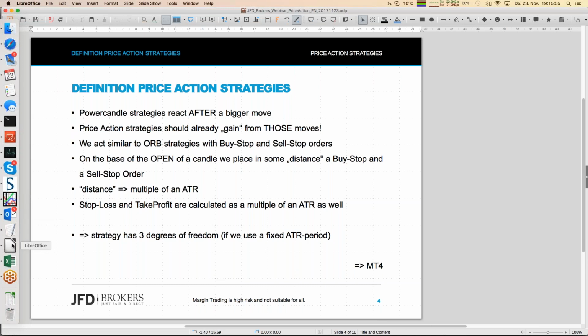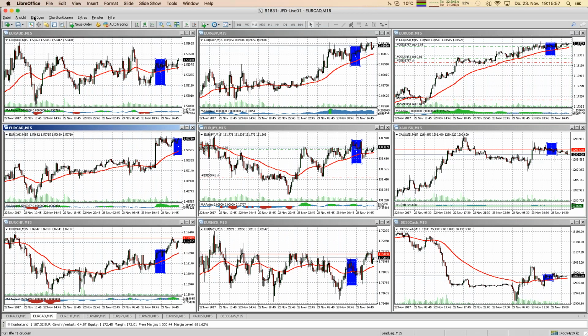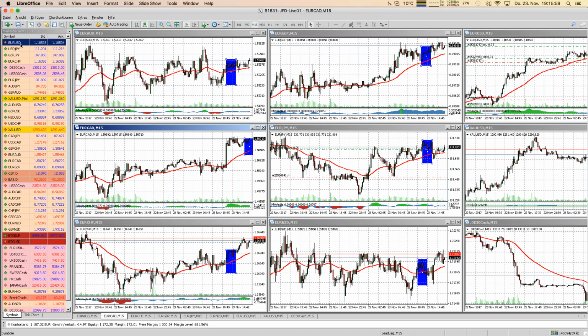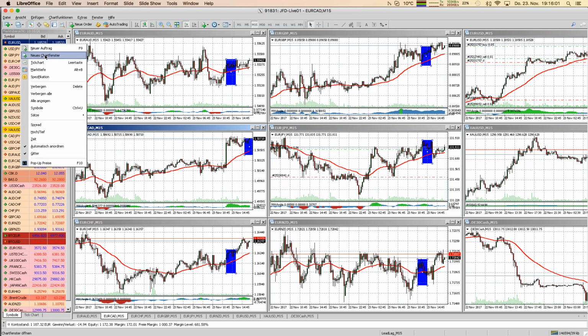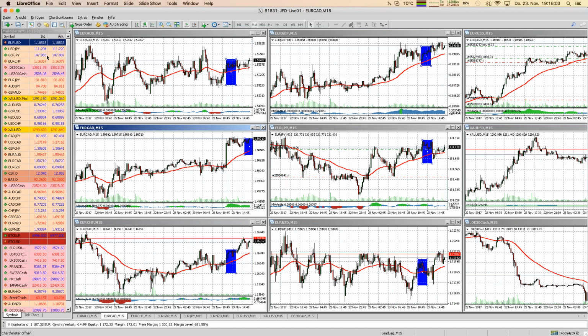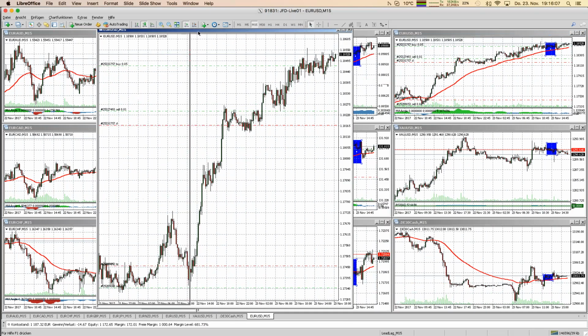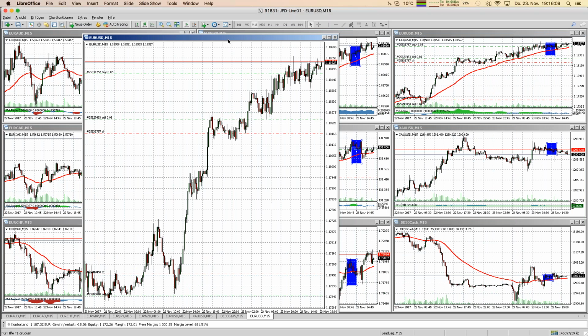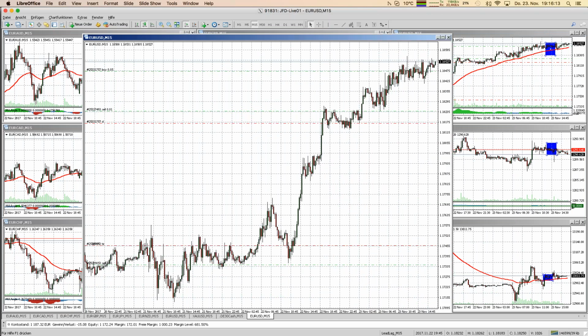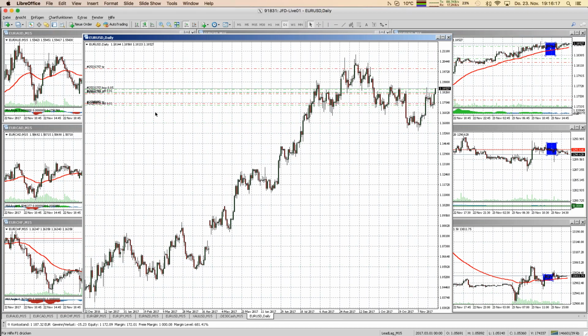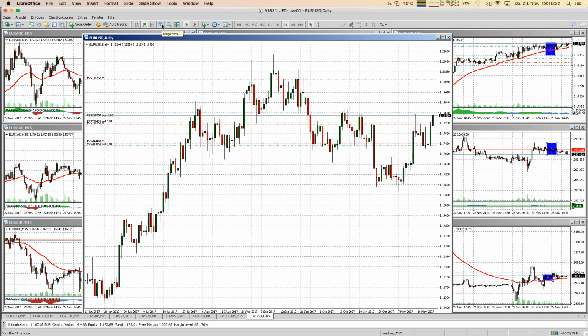In practice, it would look like the following. Let's open a new chart so that we have one fresh chart without that much additional stuff here. So we go for Euro US dollar, for example, in this case. That we have ongoing trades here does not mean anything. So let's go for D1 and zoom a little bit.